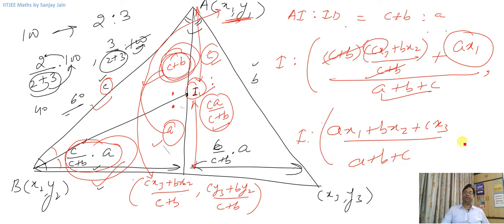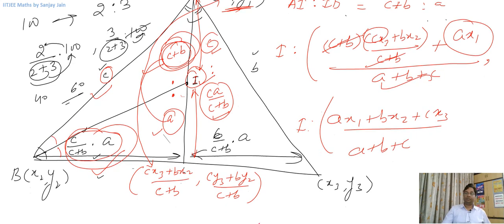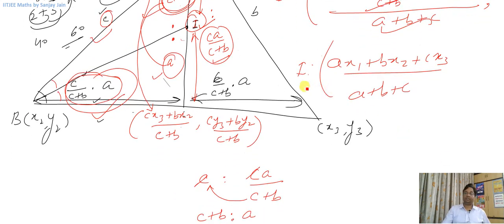Similarly, I can find the y coordinate also, which is just symmetrical to this. That is, the y coordinate will be Ay1 plus By2 plus Cy3 divided by A plus B plus C.